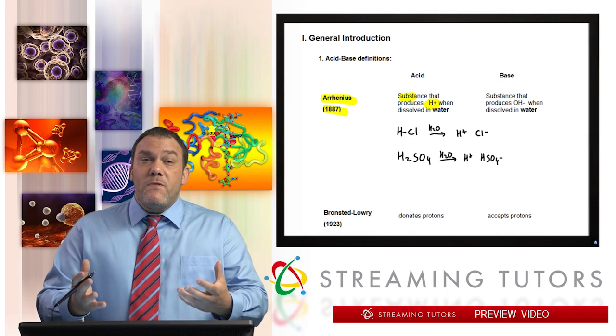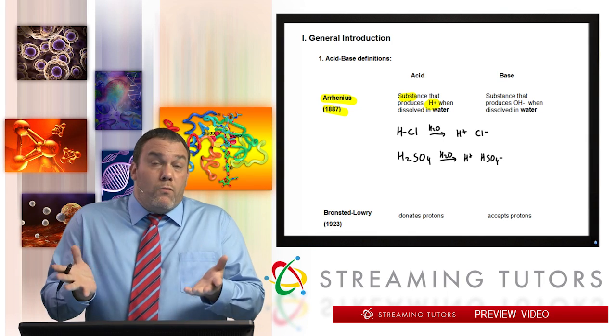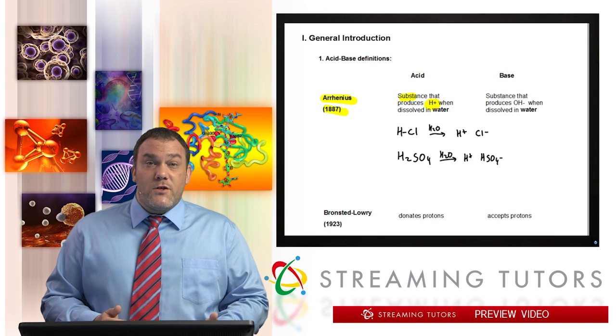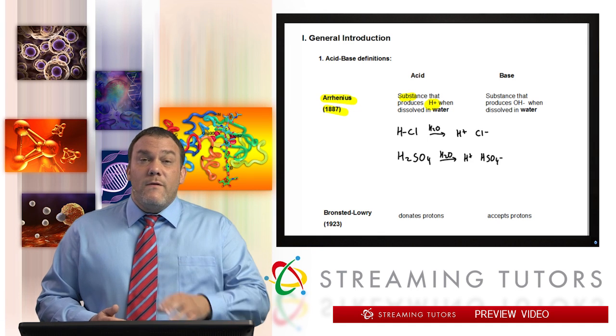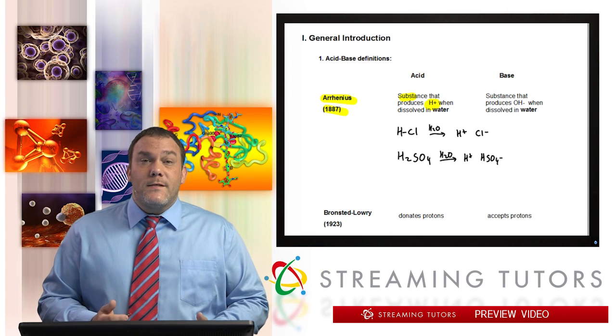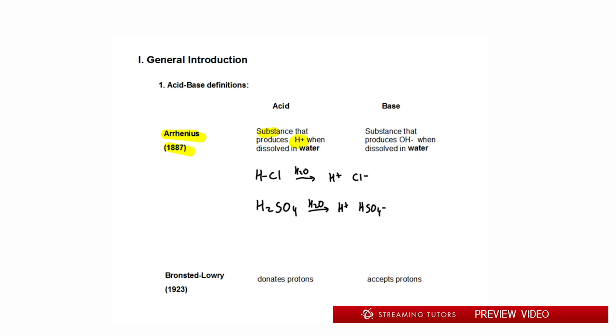Now, for bases, Arrhenius had a very limited definition. Again, remember, this is in water. So what do you see in water as a base? Hydroxide. His definition was that anything that creates hydroxides is considered a base. So for example, sodium hydroxide would be considered a base, because when it breaks apart, or dissociates, you wind up getting sodium and hydroxide.